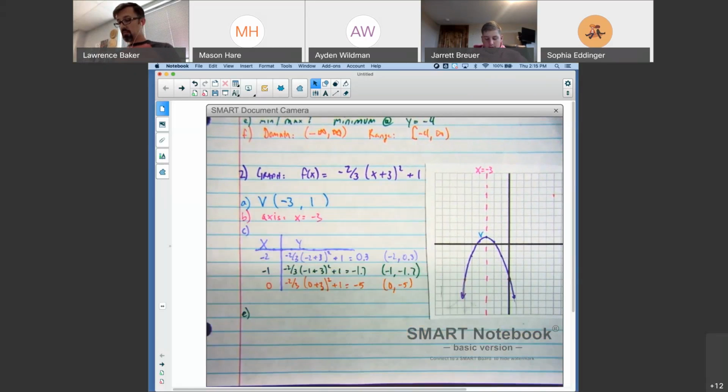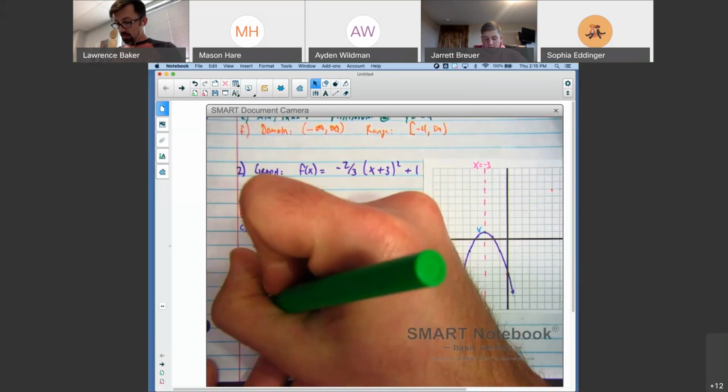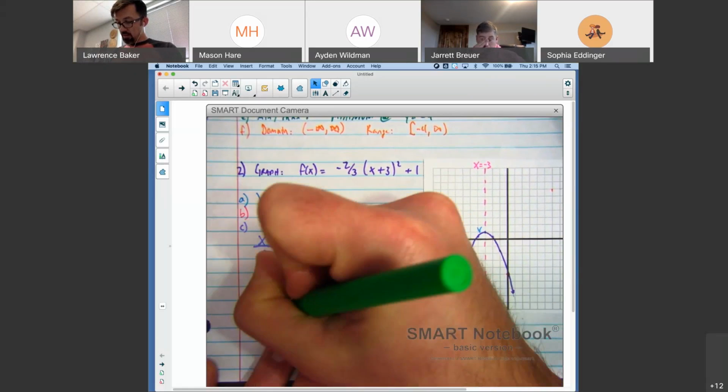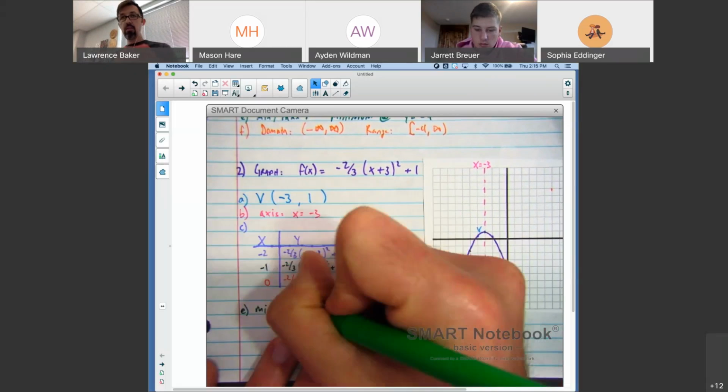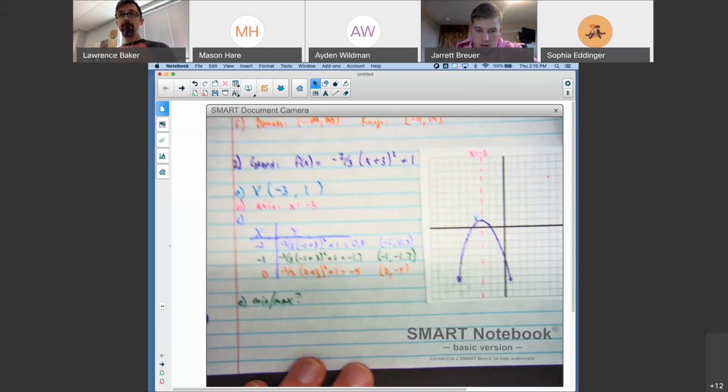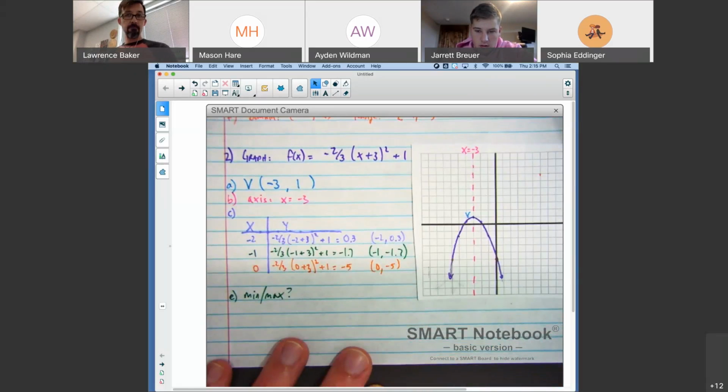What do we got, min or max on this one? Minimum?